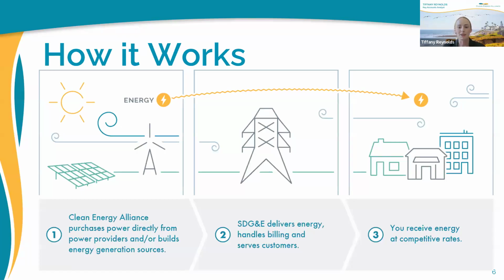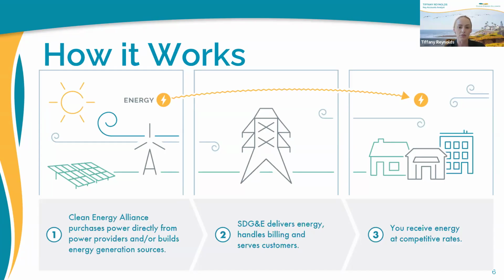For those who are better with visual illustrations like myself, we have drawn out exactly how this process works and how we coordinate very closely with SDG&E to get the electricity delivered to your home. CEA is responsible for step one, which is the actual purchasing of electricity from power providers.